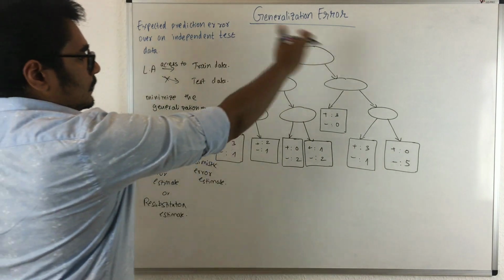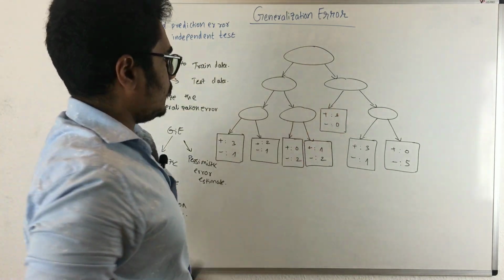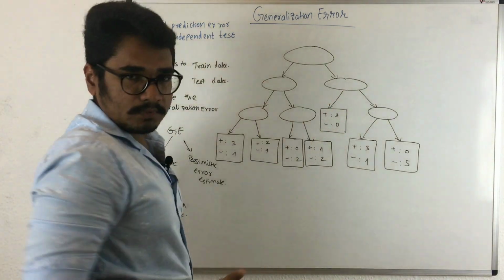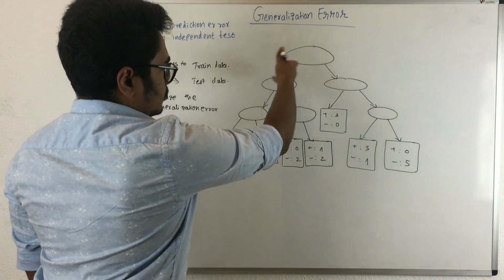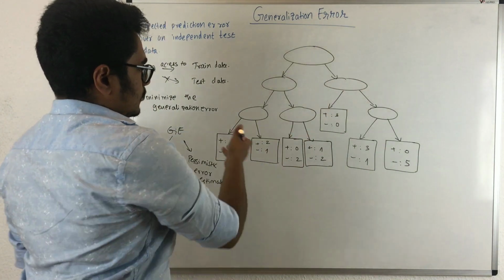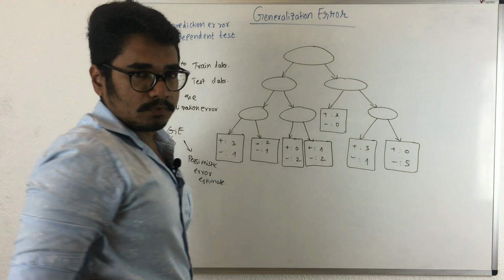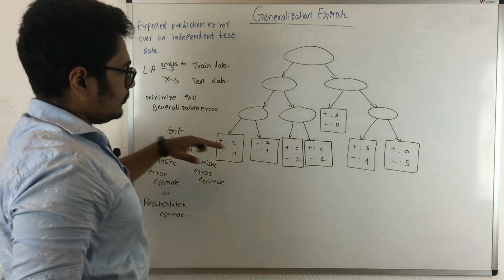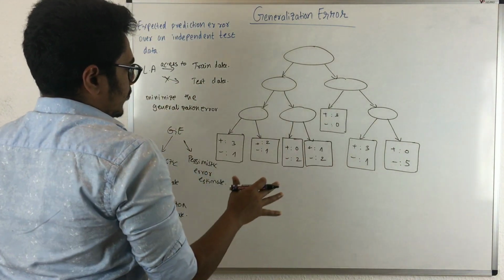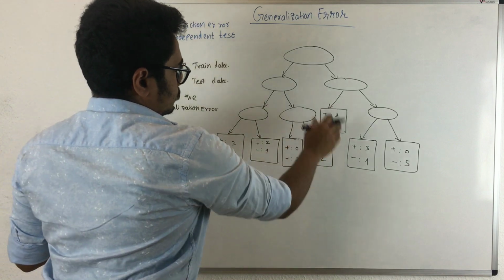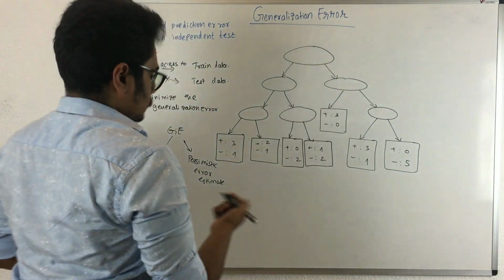Just consider this decision tree. These are the nodes and these are the links, that is directed edges, and then we have some leaf nodes. At the base level we have 1, 2, 3, 4, 5, 6, 7 leaf nodes.